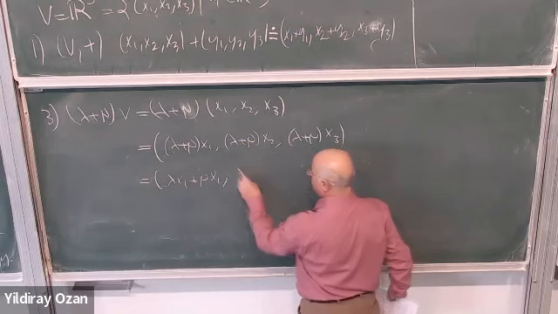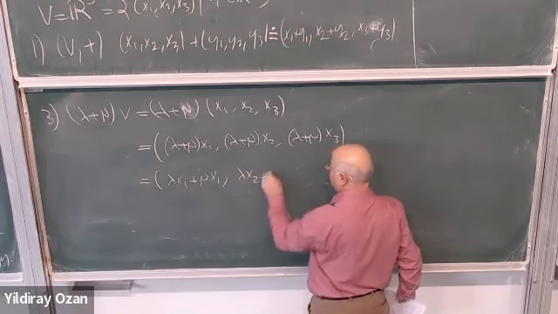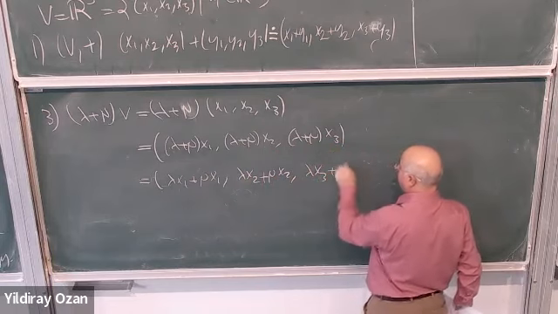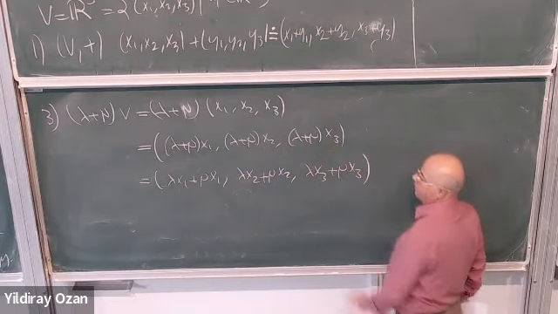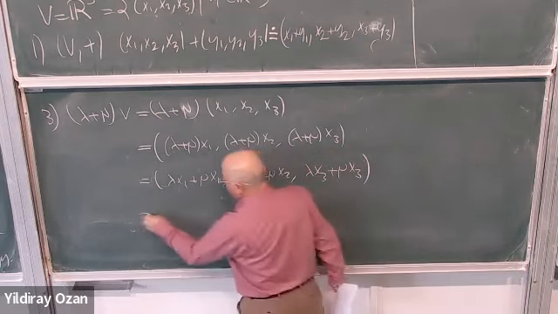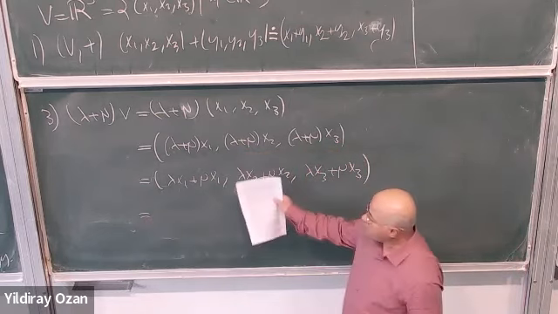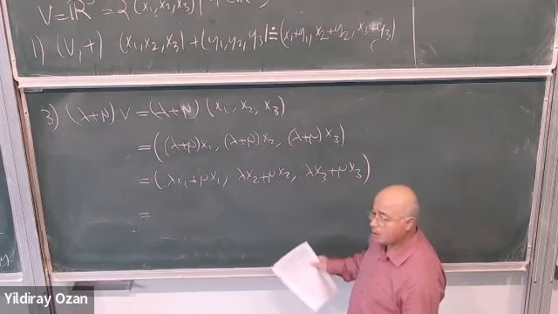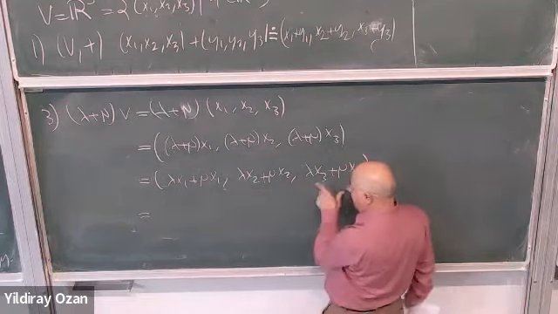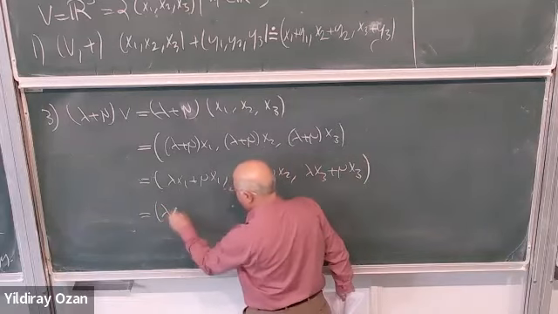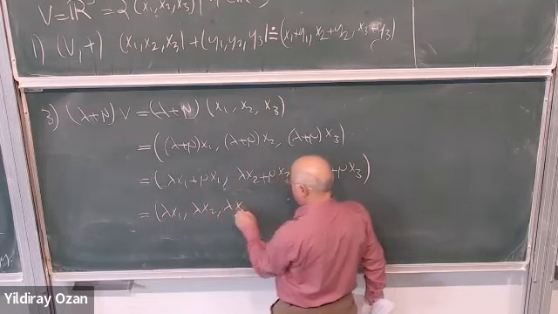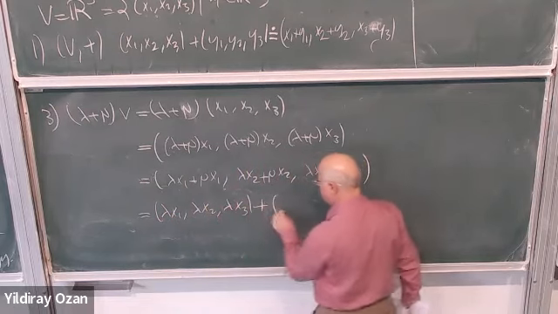Similarly, this is lambda times x2 plus mu times x2, and this is lambda times x3 plus mu times x3. And then I use my definition of vector summation. Well, this vector is nothing but the sum of these two vectors.